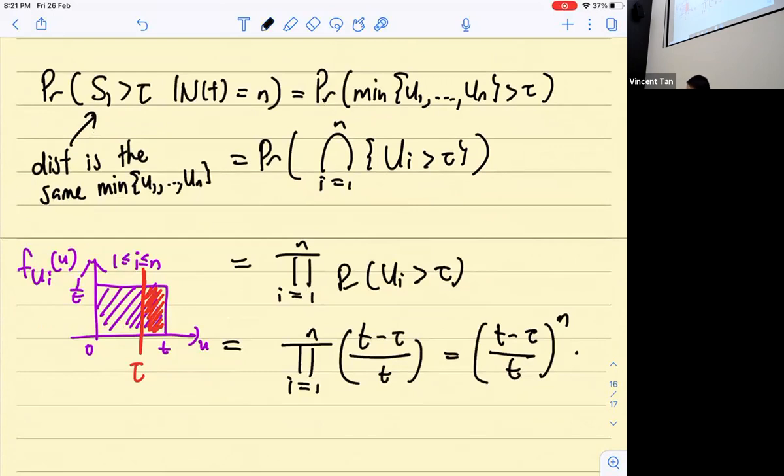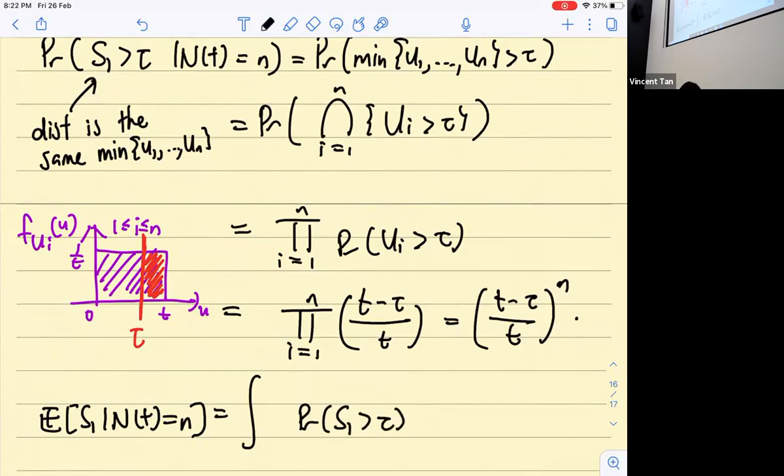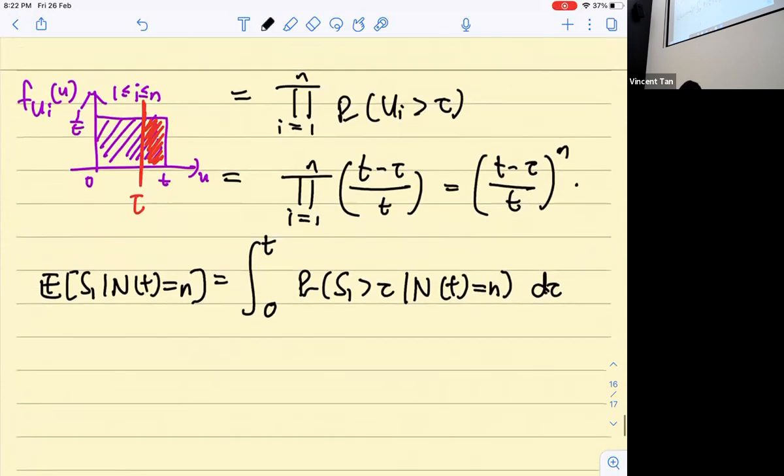So now I give you the promised result: the expectation value of S1 given N_T equals n is something that you intuitively would expect. And I will show you that you would expect this if you draw a picture. This is nothing but the integral of the complementary cumulative, carrying the conditioning around, from tau 0 to t. Agree? This is what we proved, the layer cake representation.